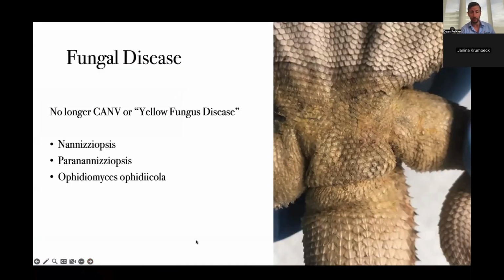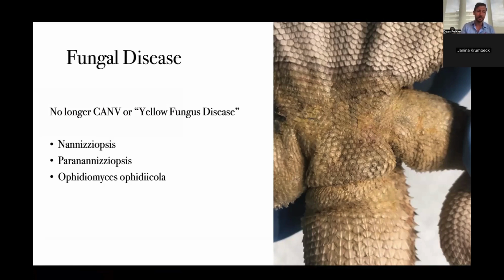So another big one that we see in lizards is yellow fungal disease or CANV. However, this is not the correct terminology these days. These are older terms now, especially with next generation sequencing and other identification methods. We know there are actually multiple species of fungus that can cause this.